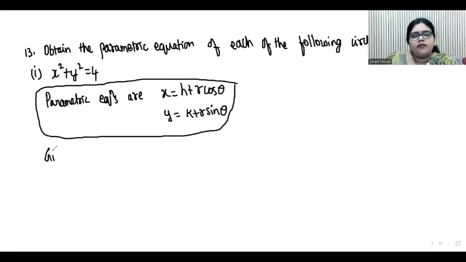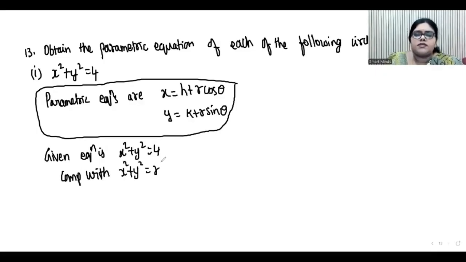Now what is the given equation? Given equation is x square plus y square is equal to 4. So it is in standard form. That means we can compare with x square plus y square is equal to r square. So center is 0, 0 and radius is equal to 2. Center we can take it as h and k.